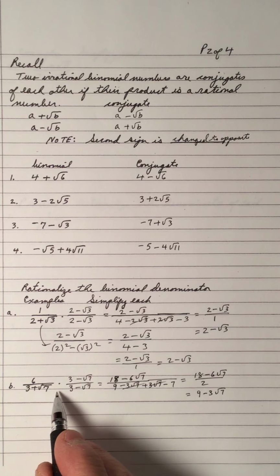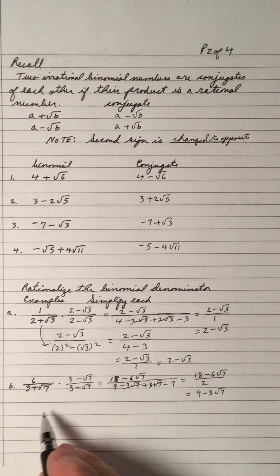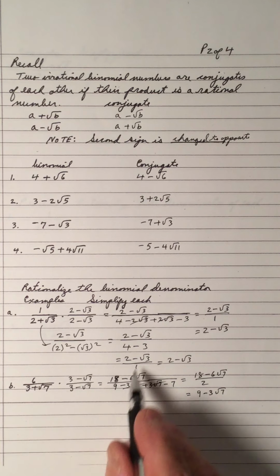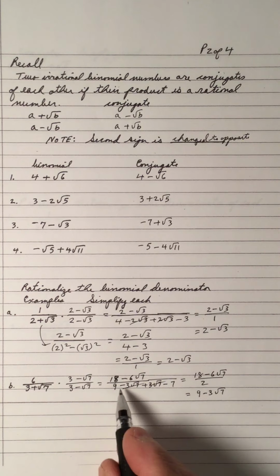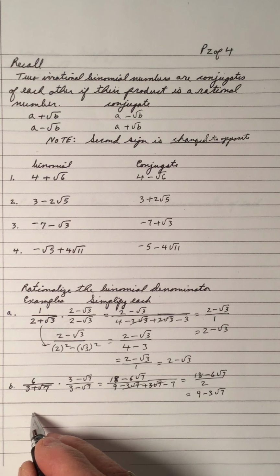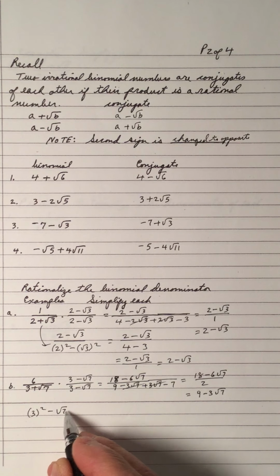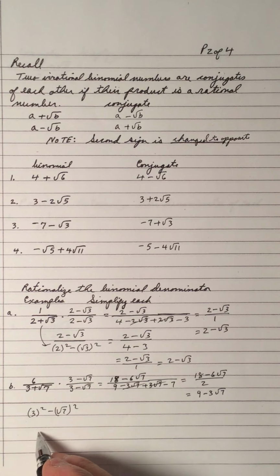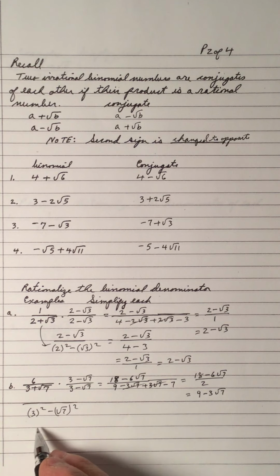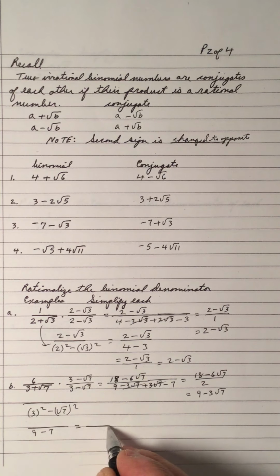And again, if you want, you can square those to get a 9 and square those to get a 7 and subtract, and you'll come up with the same answer. So this is a little bit longer by FOIL, but the shortcut is, the bottom is 3 squared minus root 7 squared, which gives you 9 minus 7, which gives you a 2.